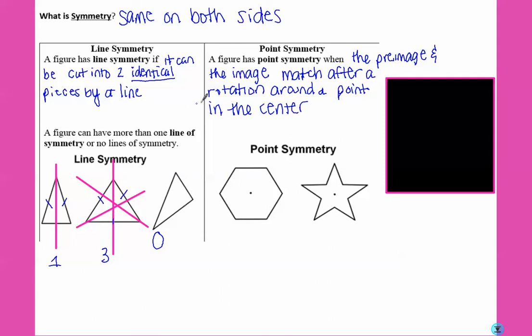So if we can rotate it less than all the way around and have it line back up, then it has point symmetry.